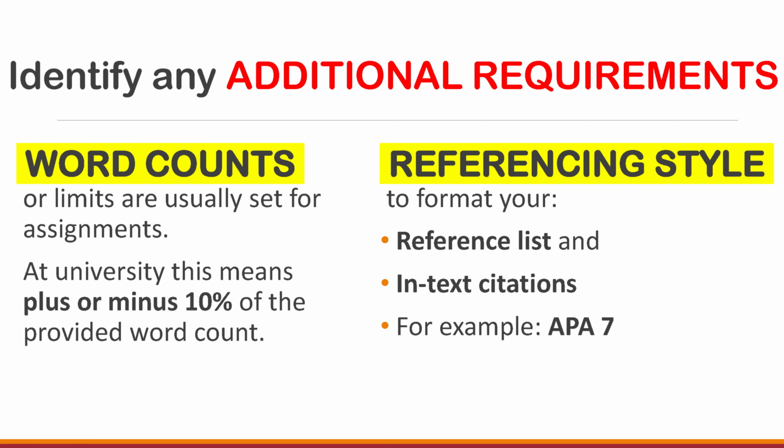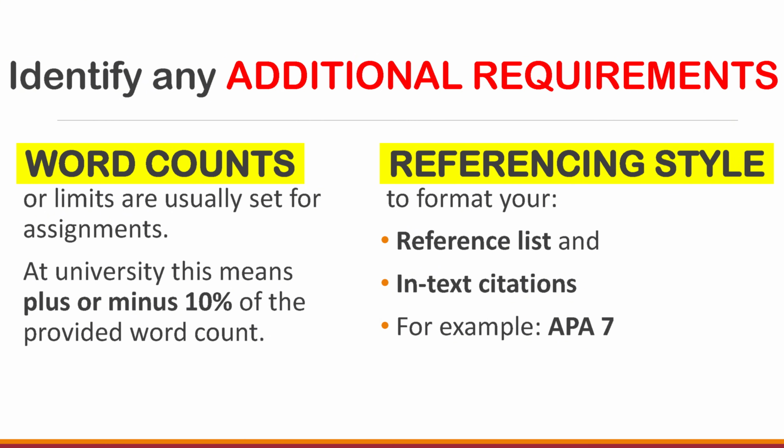Now, as well as those core elements, you are quite often given additional instructions. 2 of the main ones are, firstly, the word count. Usually an assignment can be anything from 500 words to 1,000 to 2,000 to 3,000, and even more for advanced subjects. And of course, at university, the leeway is plus or minus 10%.